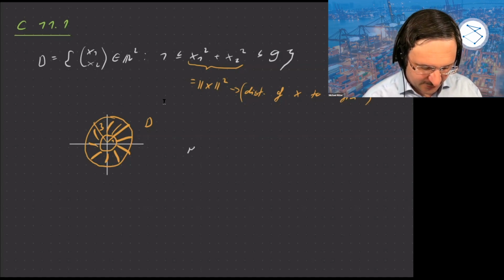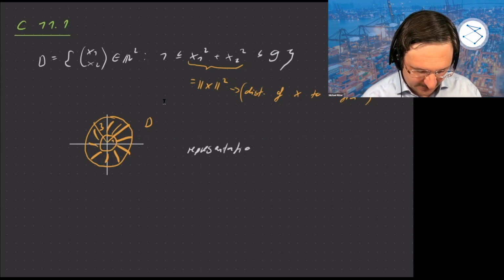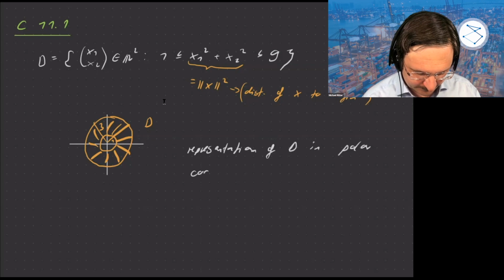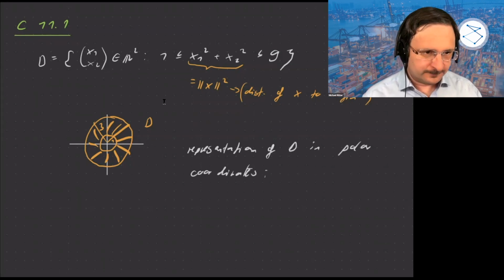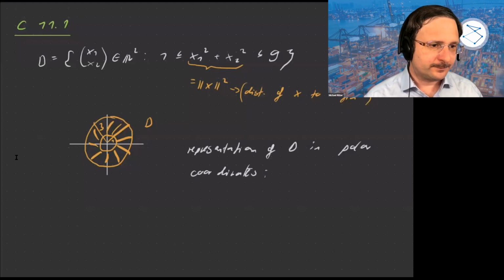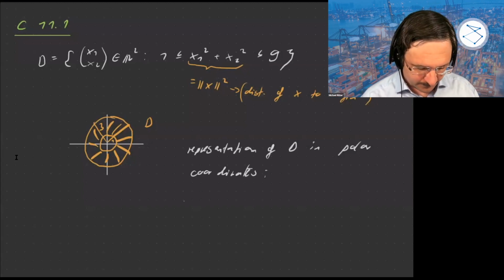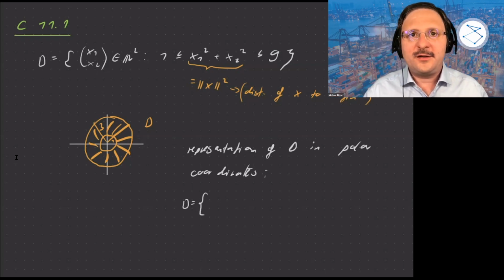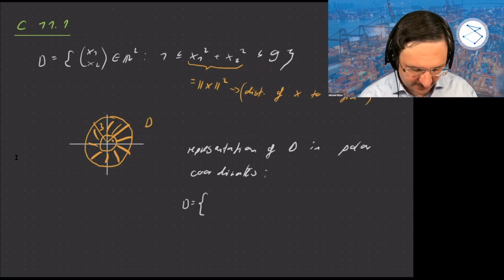So what we need first is a representation of D in terms of polar coordinates. So we want to describe the points in that set D in terms of their radius and their angle. And then we want to consider their transformation.